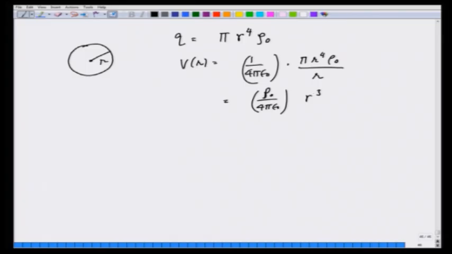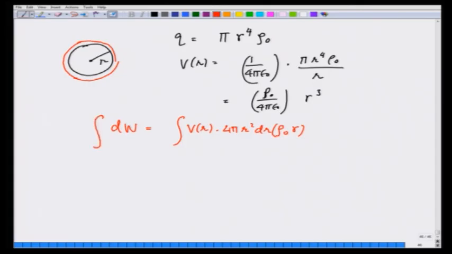Now, if I bring in that shell of thickness dr, the work done, let us call it dW, is going to be equal to the potential V(r) times 4 pi r squared dr, which is the volume, times rho 0 r, that is the density. If I integrate this from 0 to capital R, I will get the total work done.